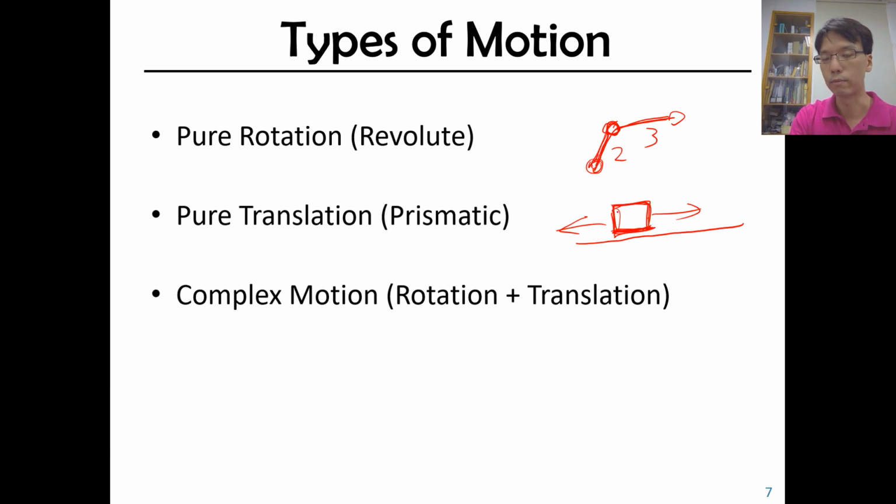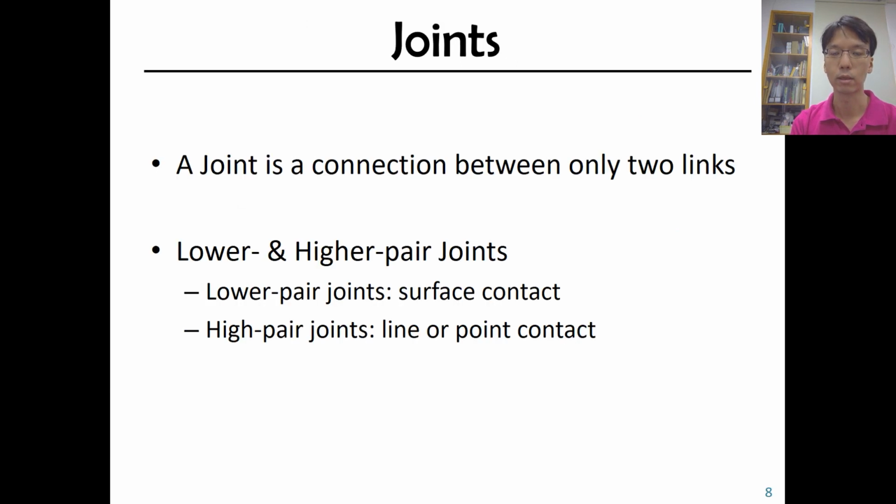It can only perform linear motion relative to the ground. So this type of motion is pure translation, and we also call it a prismatic motion. And there are some more complex motions that might be a combination of rotation and translation, but we'll see more of them in the following slides.